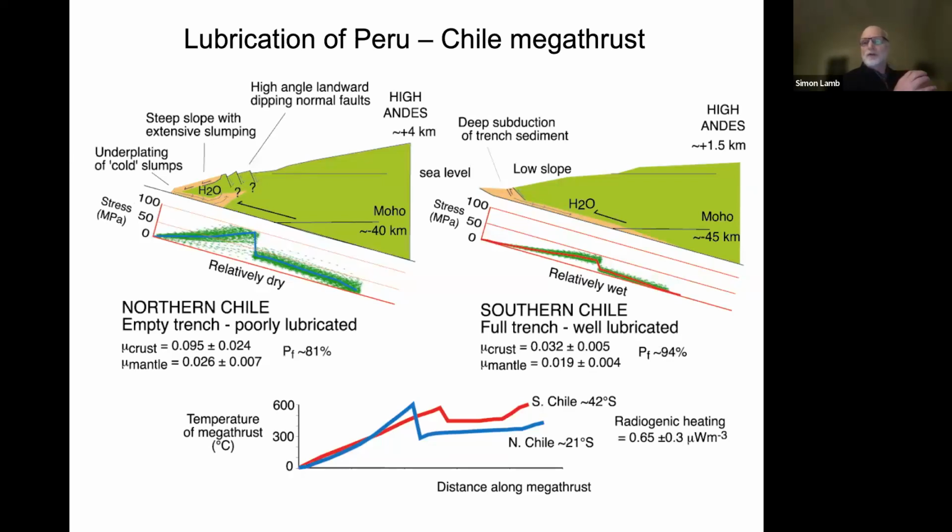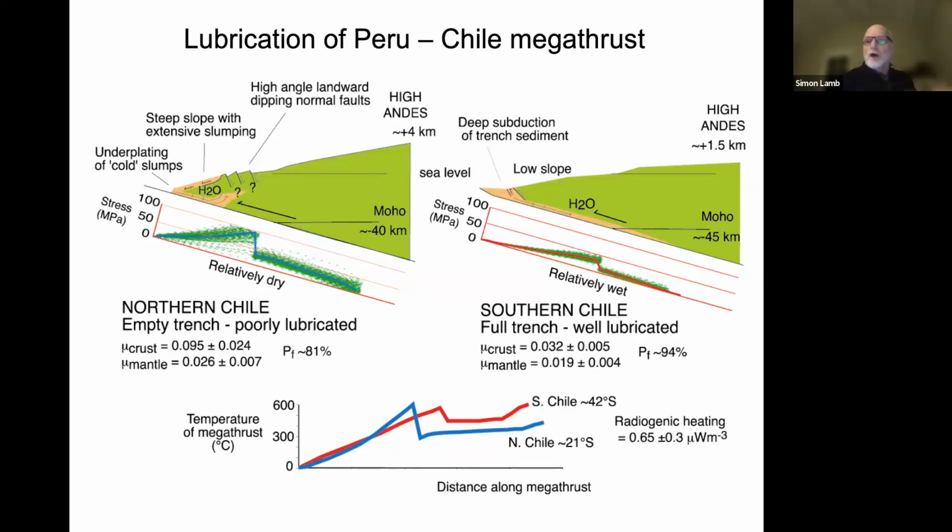The sediment in the trench is the way the water gets into the subduction zone to provide this lubrication. And it's a climatic effect, because the Atacama Desert is incredibly dry, mainly due to the rain shadow effect, but also due to the cold Humboldt current coming up, which suppresses evaporation from the ocean to provide moisture.